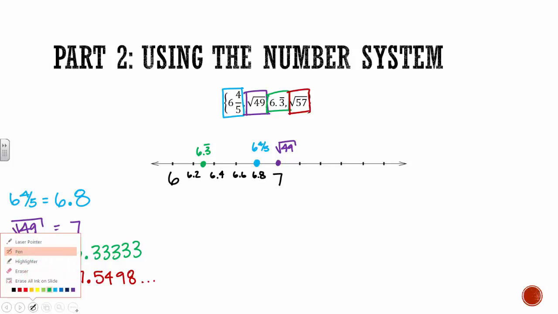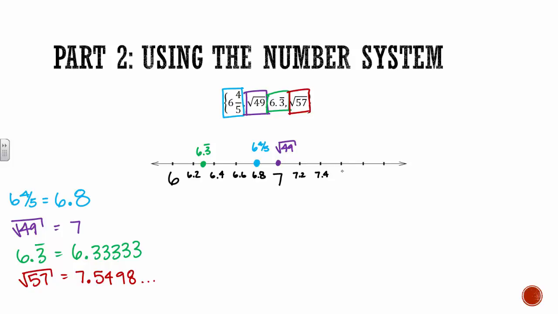And finally, the square root of 57. Oh, we didn't make this big enough. We got to keep going. This would be 7.2, 7.4, 7.6, 7.8, and then 8. So this one would be somewhere about here.